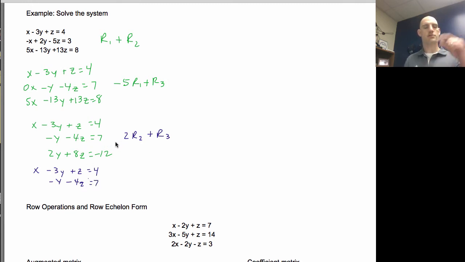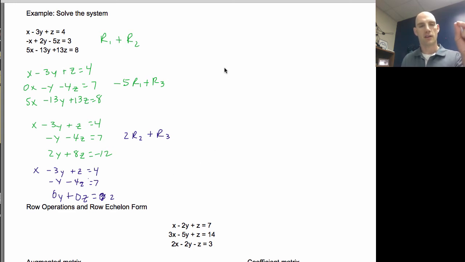And then if I do 2 times row 2, that's going to be negative 2y, so this is 0y, and then this would be negative 8z, so this would be 0z, and this would be 14 plus negative 12 is equal to 2.